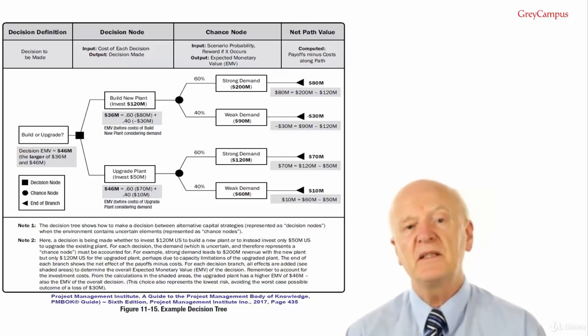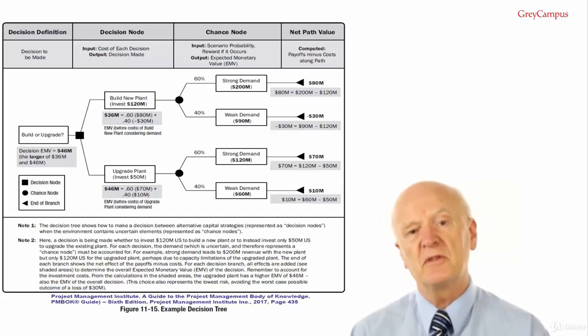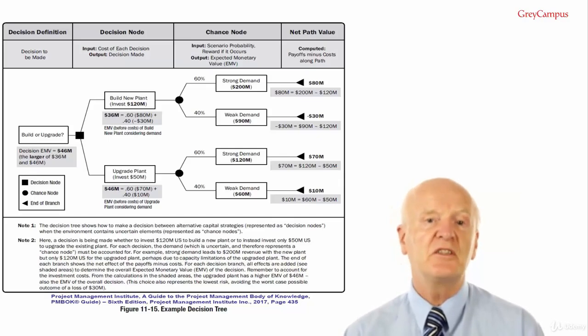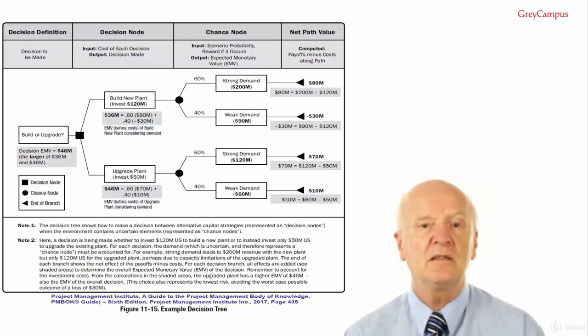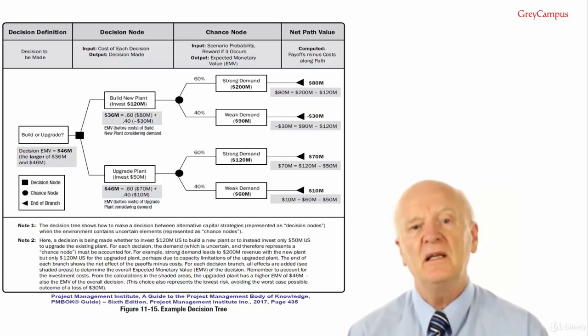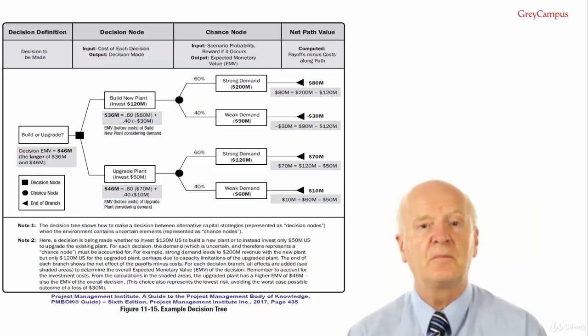The endpoints of branches in the decision tree represent the outcome from following that particular path, which can be negative or positive. The decision tree is evaluated by calculating the expected monetary value of each branch, allowing the optimal path to be selected. For example, a decision tree is shown in figure 11-15.